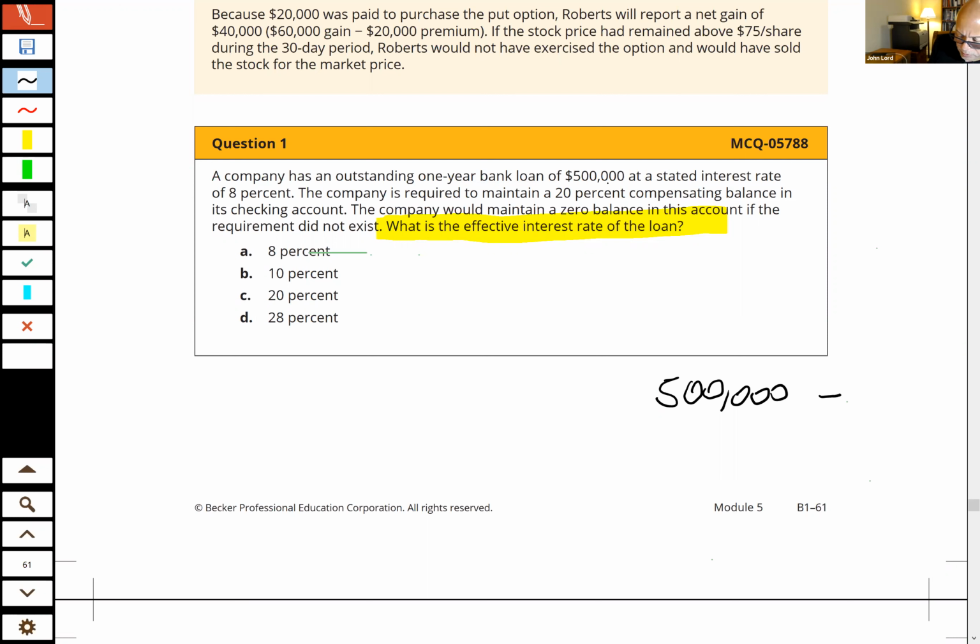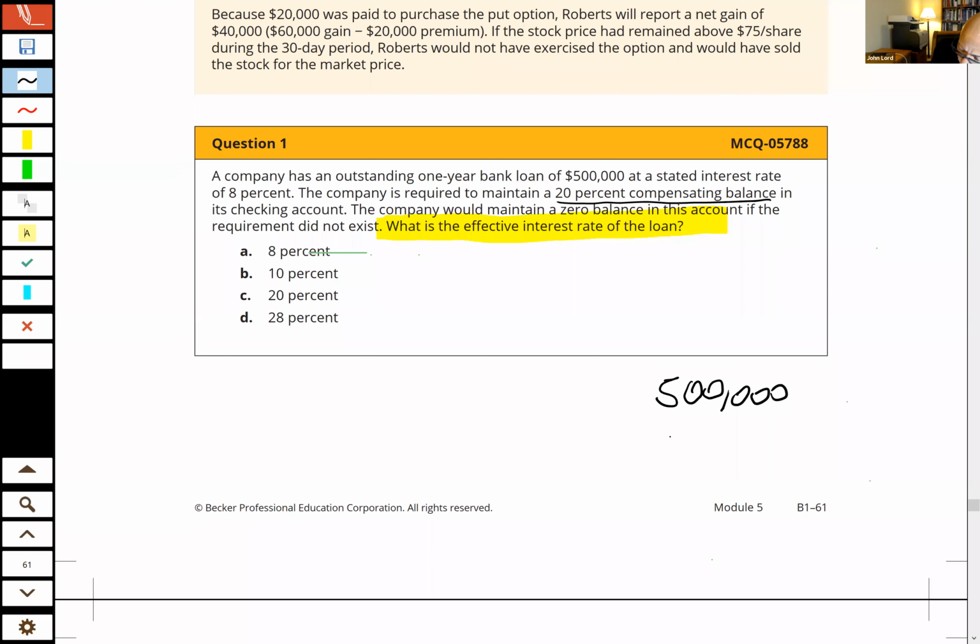Company has an outstanding bank loan of 500,000. Oh, it's 20%. I see where they got 100,000. So it's a 20% compensating balance. In other words, they can't use that money. That money has to be held in the bank account.